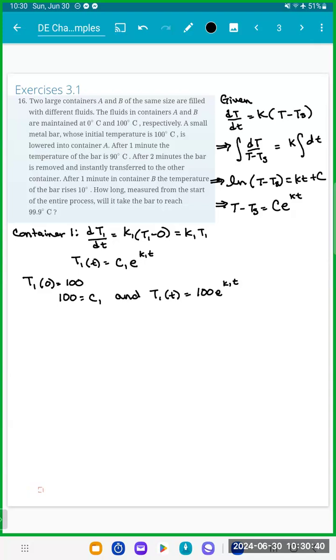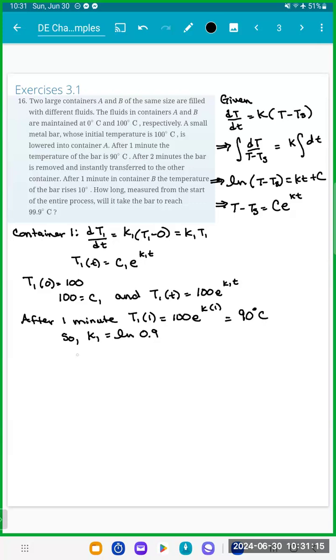After 1 minute, okay, so after 1 minute, we have that T sub 1 of 1 is equal to 100 E to the K times 1, which is 90 degrees Celsius. That's what we were told, right? After 1 minute, that is 90 degrees. So we get that K1 is equal to the ln of 0.9.